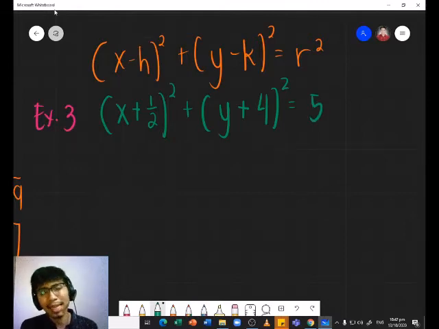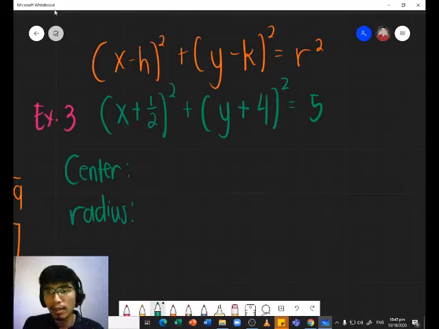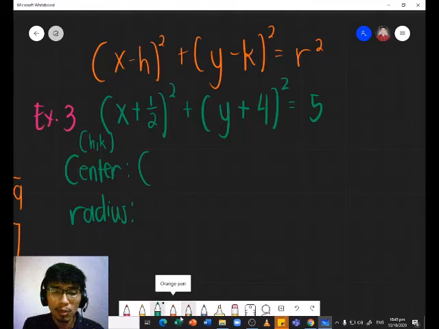Same thing, let's identify the center and the radius. Okay, let's try to identify all of this. Again, center, do not forget, is in the form (h, k). So how did we do it? By mere inspection. Let me erase it first. I'm going to change the color to yellow.